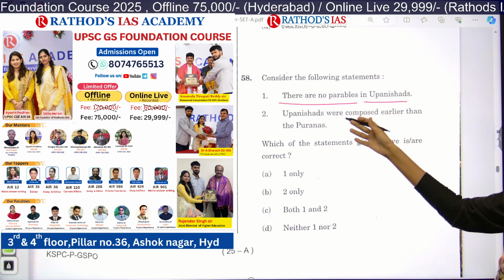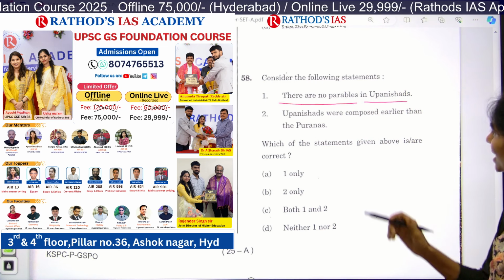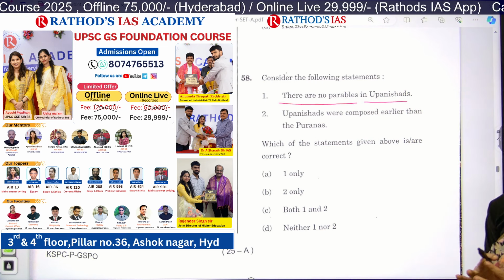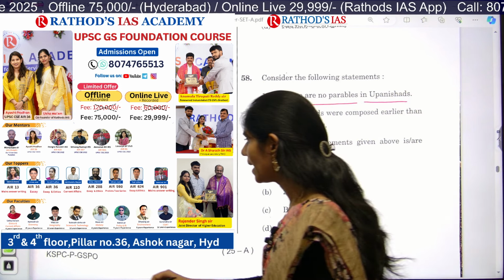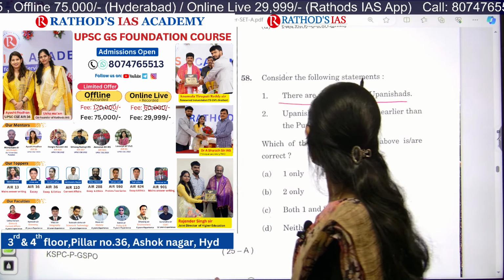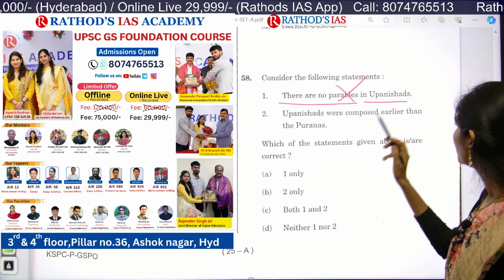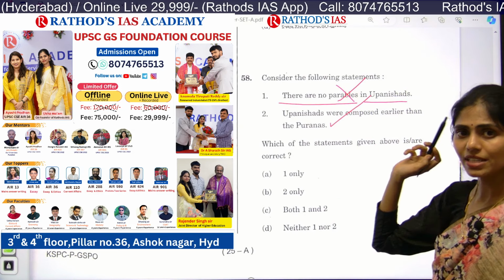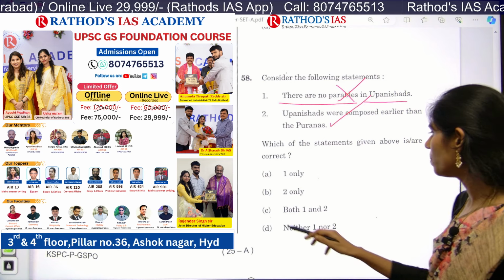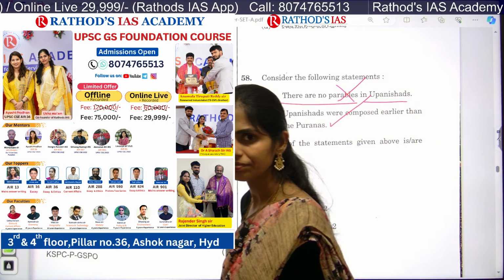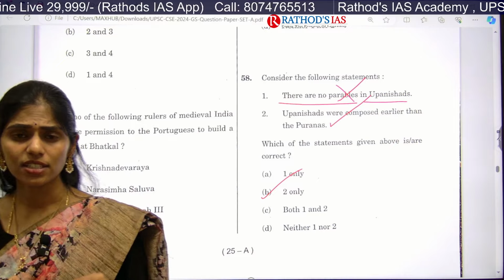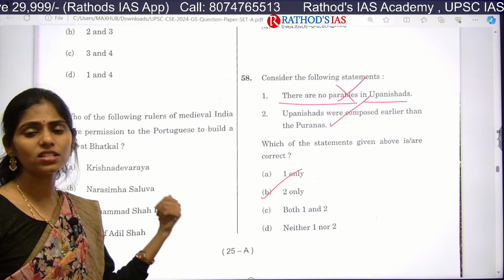So why can't we say there are no parables? Yes, there are parables present in these Upanishads. So this statement we can eliminate. And Upanishads were composed earlier than Puranas. Yes, this statement is absolutely correct. So correct option is B, 2 only. Clear? Are you getting this? How are we getting the answers for the questions?